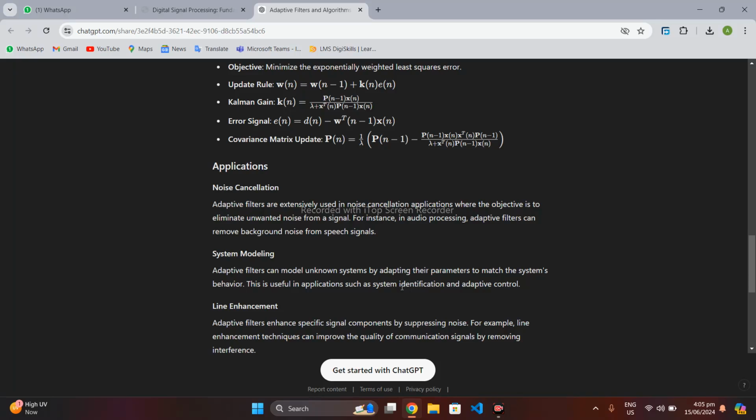The third application is line enhancement. Adaptive filters enhance specific signal components by suppressing noise. For example, line enhancement techniques can improve the quality of communication signals by removing interference.